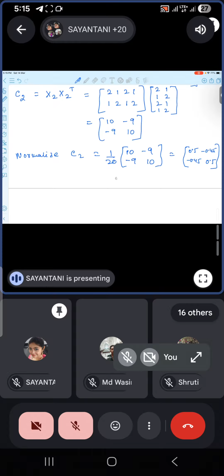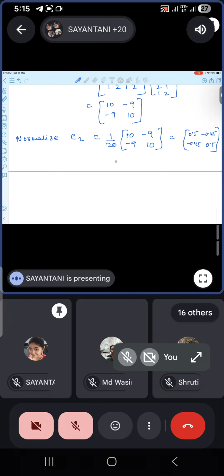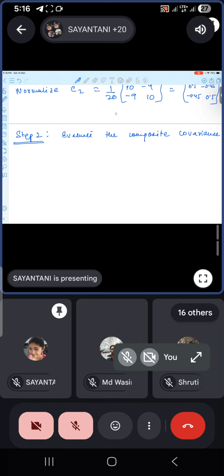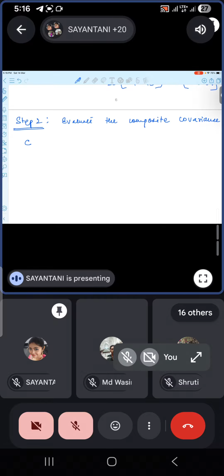So finally, you get normalized versions of the covariance matrix for X1 and X2. That is over. Now, what is step 2? For step 2, you have to evaluate the composite covariance. That means simply add the two covariances obtained, C1 and C2.